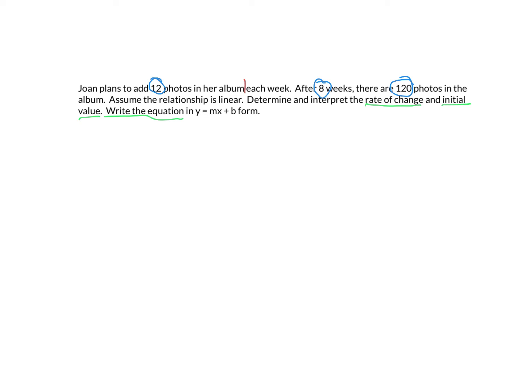I am seeing that she is adding each week. And now this tells me that this is going to be the rate of change, or the slope, because it's going to be 12 per week. Now here I have two numbers together, and this says at 8 weeks there are 120 photos.